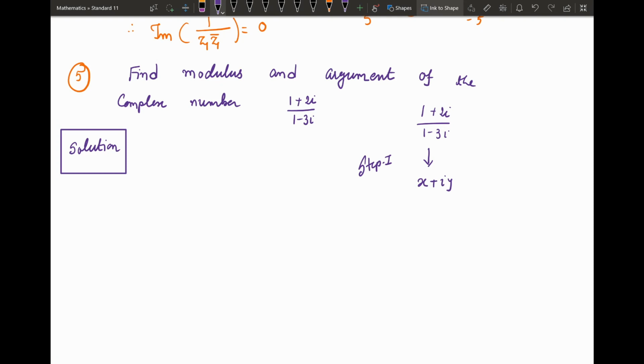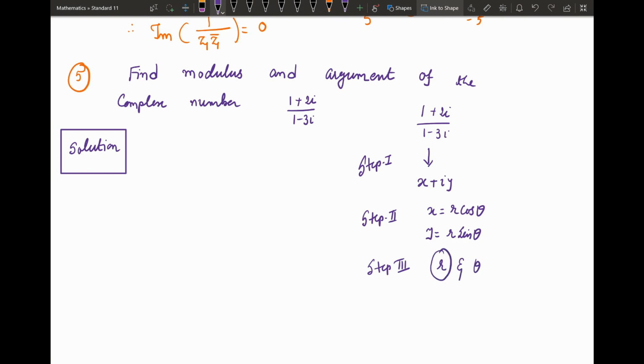Step 2: put x equal to r cos theta, y equal to r sin theta. Step 3: solve these equations for r and theta.